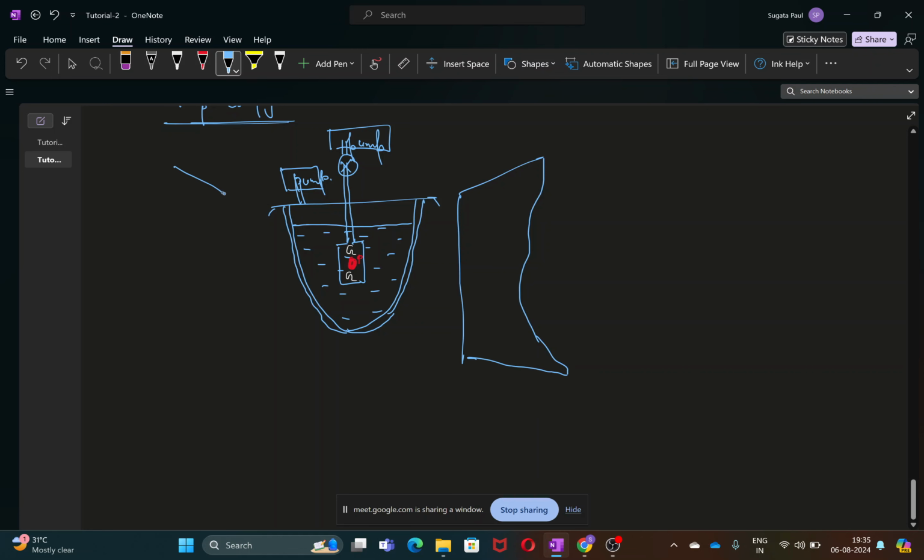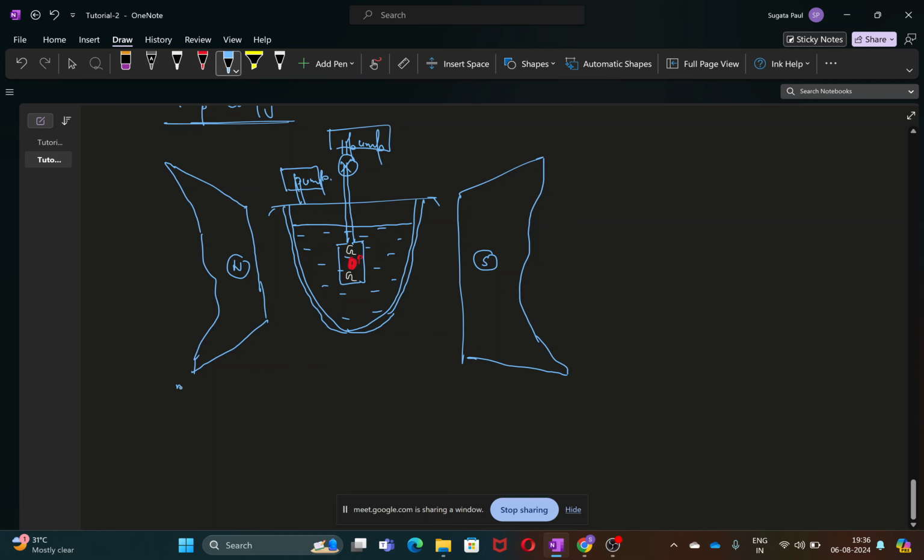This is a magnet, and this is another magnet, basically a north pole and south pole, between which the sample with the dewar flask and liquid helium bath is present.